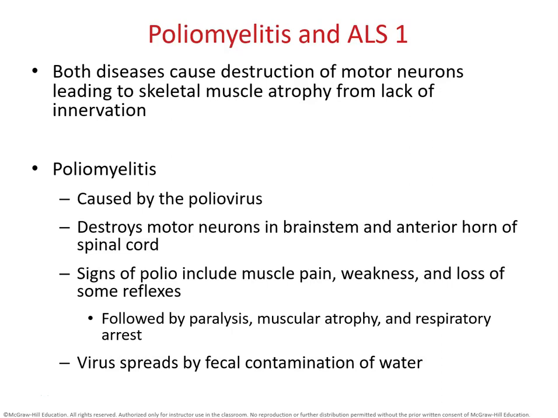This disease could progress to paralysis, muscle atrophy as muscles stopped getting signals from nerves, and eventually respiratory arrest. If you have ever seen pictures of children lying inside an iron lung that's physically breathing for them and pulling oxygenated air into the body, that's the consequence of respiratory arrest. The virus was spread by contaminated water.